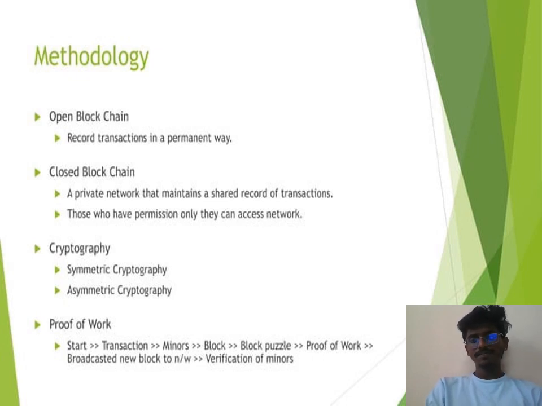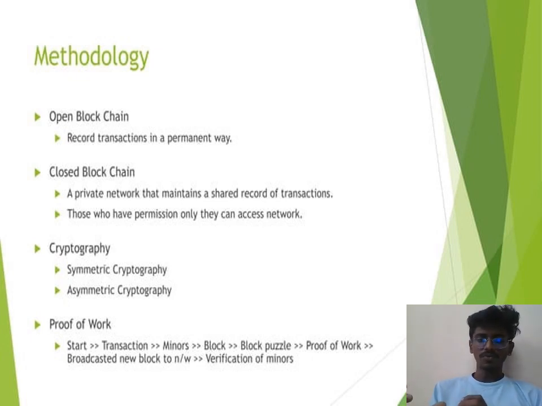The voting system uses cryptography: symmetric cryptography and asymmetric cryptography. Proof of work: start the voting. The proof of work will be in a manner that the transaction will check the miners. It will block and then add some block puzzles.